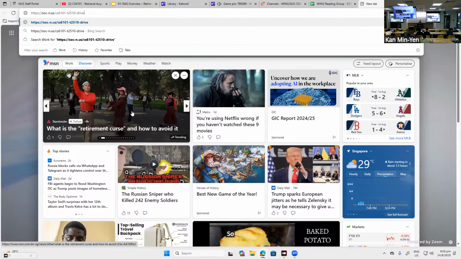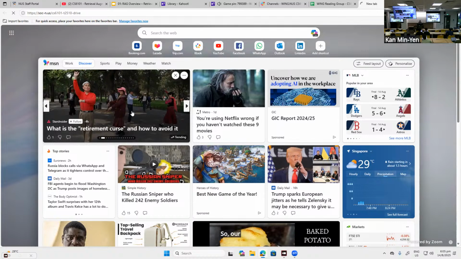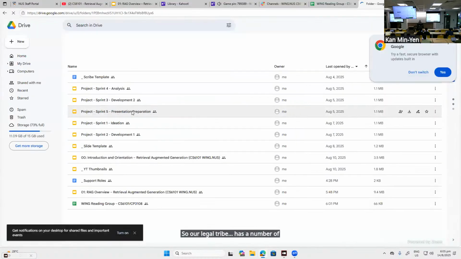Again, you might want to try to remember this prefix, SOC-NUS, CS6101-2510. Then you can put a number of different suffixes to get to the resources that you want. Our Google Drive has a number of different things in it.